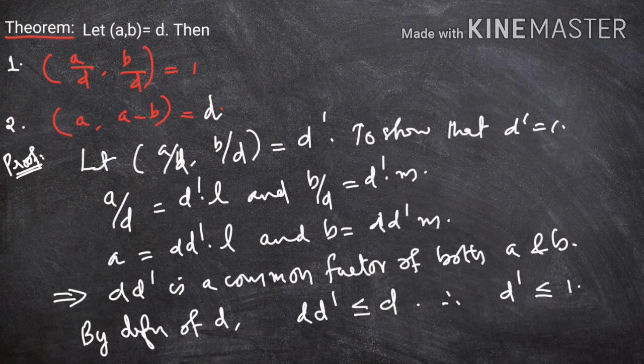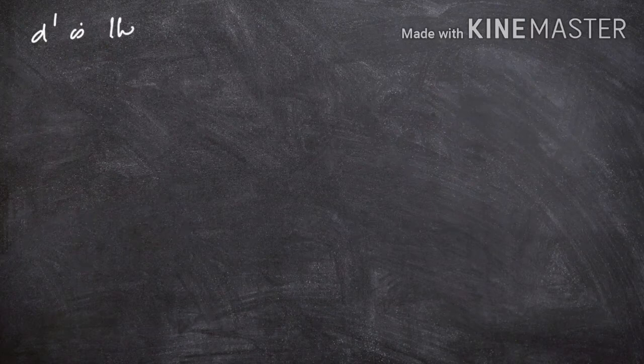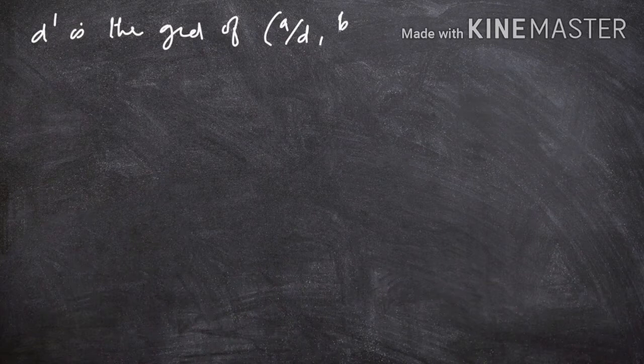Now D dash is the GCD of A by D comma B by D, so D dash is a positive integer.